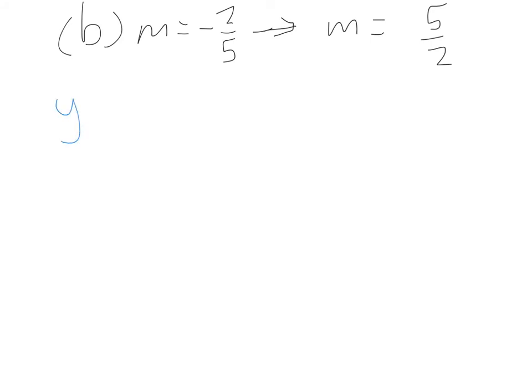So we can use the same method we used in part A to find the equation of our line in slope-intercept form. 5/2 x plus whatever the y-intercept is. And I believe we were told it contains the point 3, 5. So if we plug these values in, plug 5 in for y, 3 in for x.